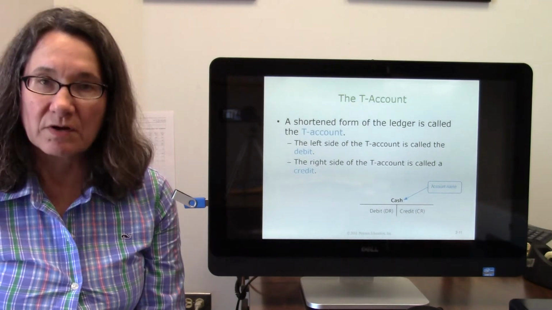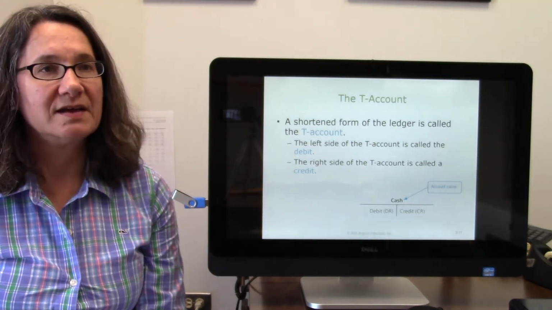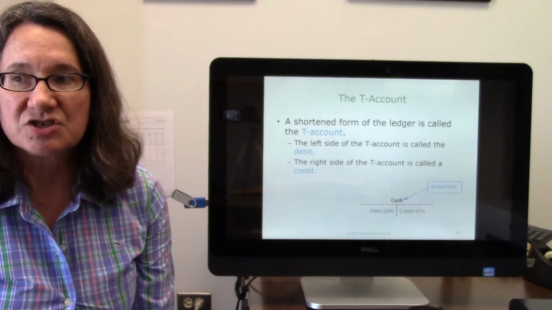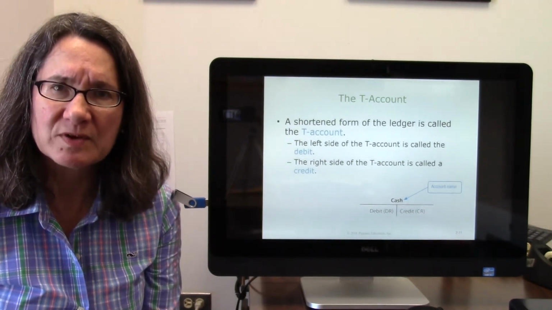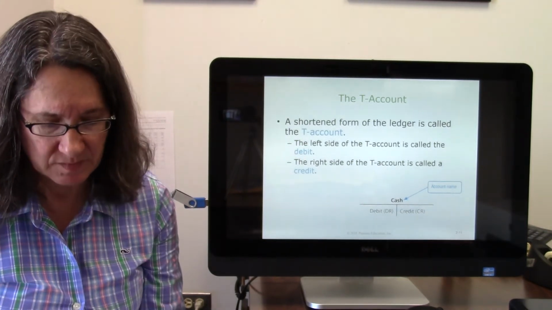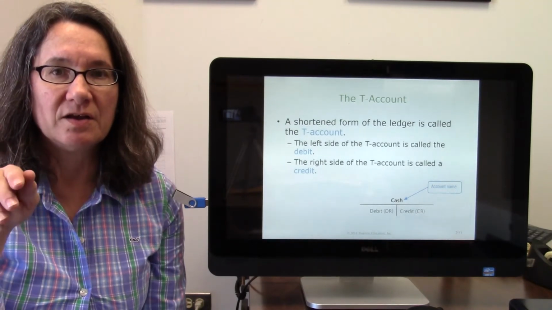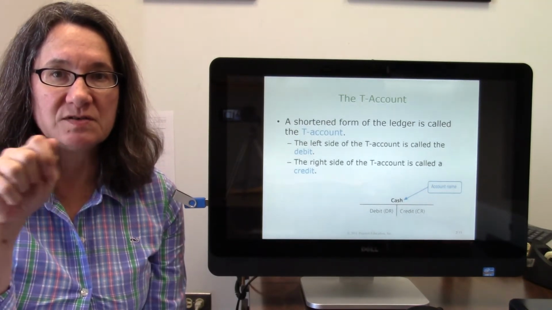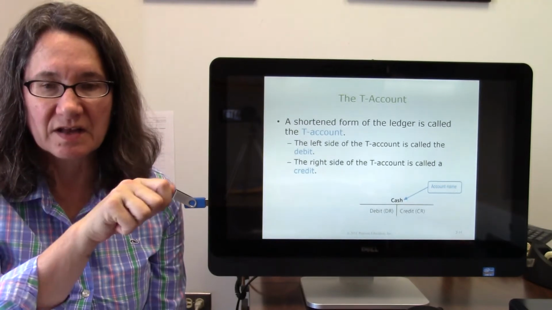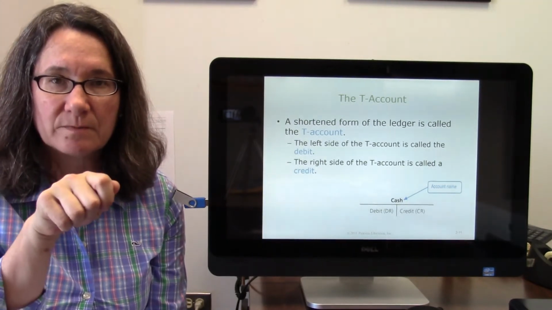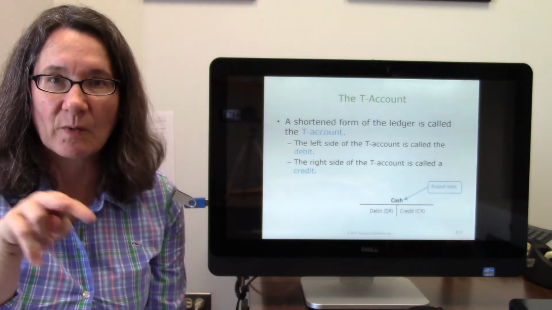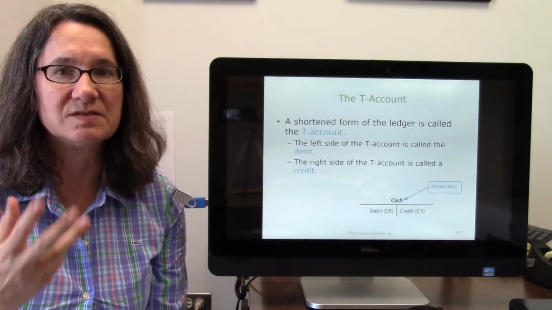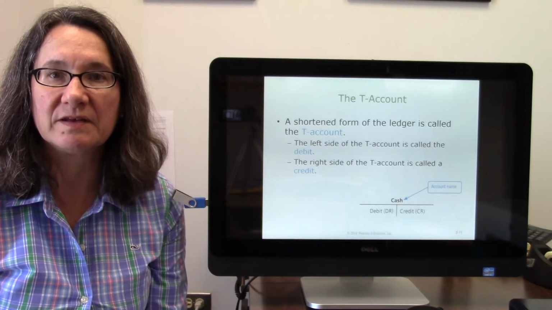T account. We're going to use T accounts in Monopoly as well. A T account is just a symbolic way accountants represent the ledger. So you can imagine that if I'm an accountant using a T account, I just draw a T. It's easy to write 500, 600, 700, 200, one on either side of the T. I'm just doing some real quick bookkeeping with a T account.